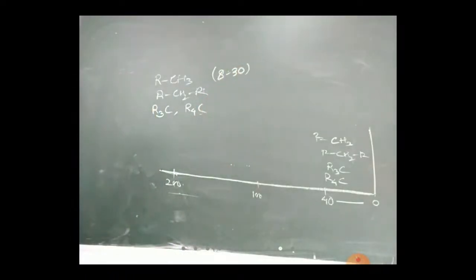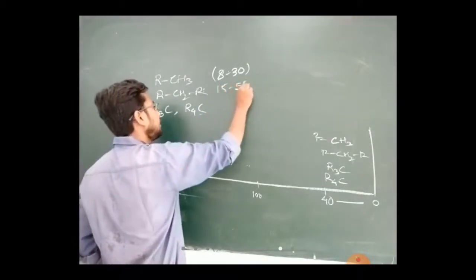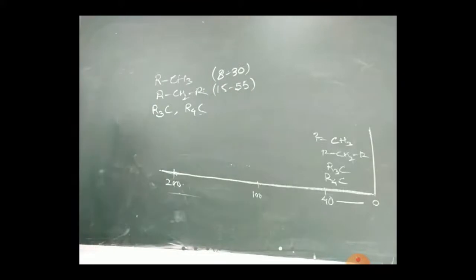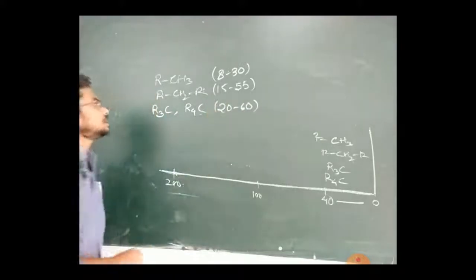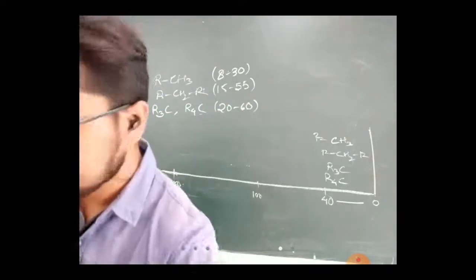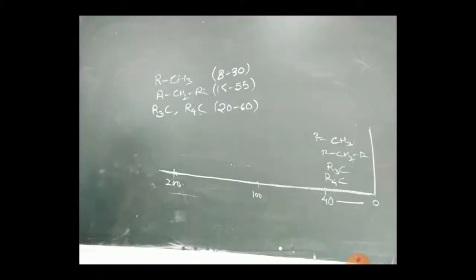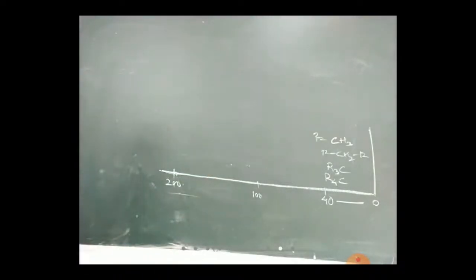Then the secondary carbons come around 15 to 55. Then the tertiary and quaternary come around 20 to 60. This is the range for your alkane chain. They are all there in the books, so you can see there also.